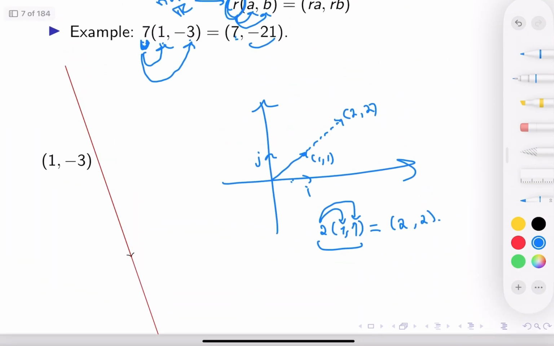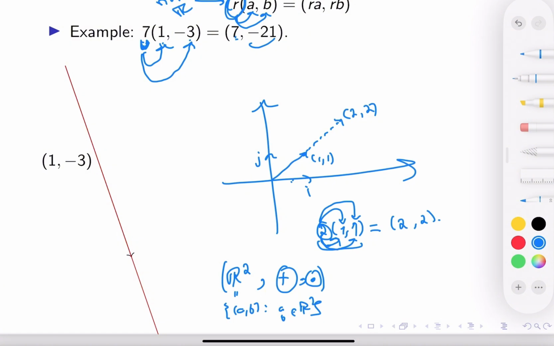So far, what did we do? We started with R2 as a set, the set of all tuples (A, B) with A and B in R. And then we said that we're going to equip R2 with two operations, addition and scalar multiplication. By addition, we defined it element-wise: we defined addition of two vectors by adding the components element-wise. And we defined scalar multiplication also element-wise, by multiplying the scalar by the entries of the vector.